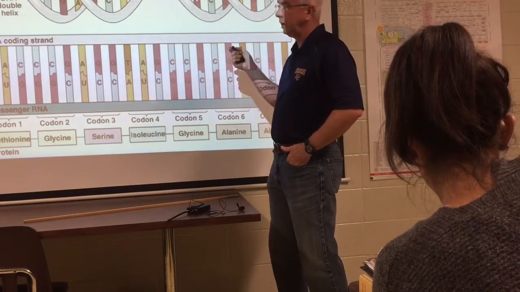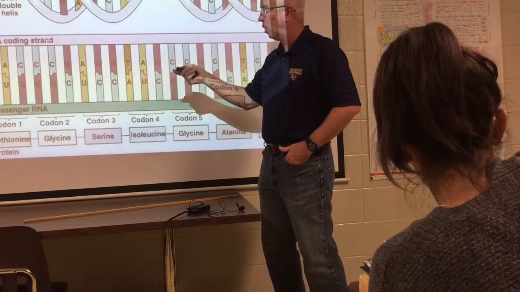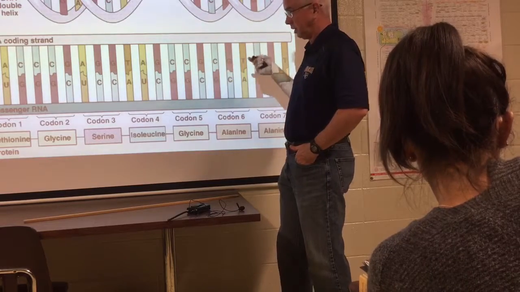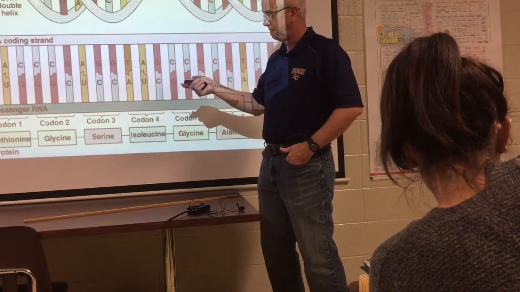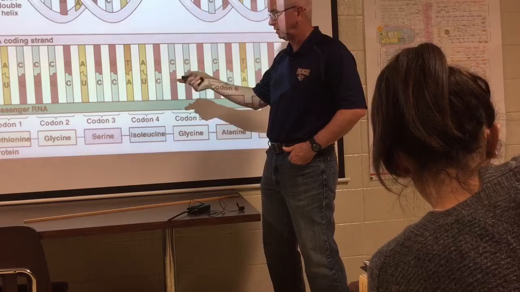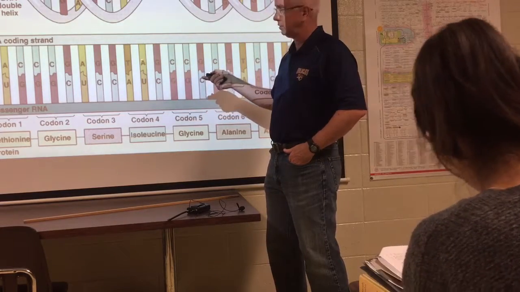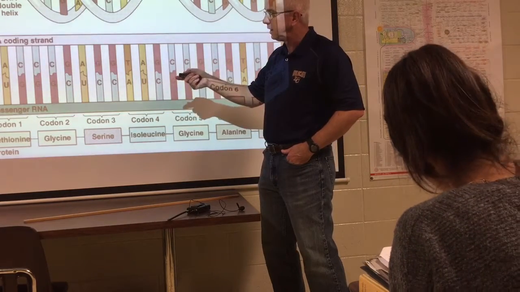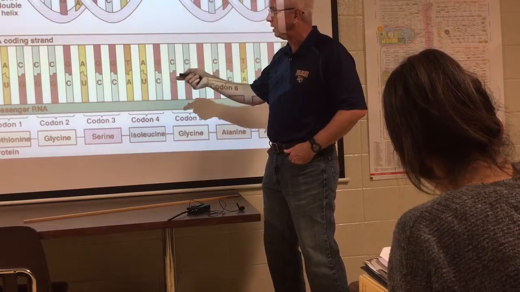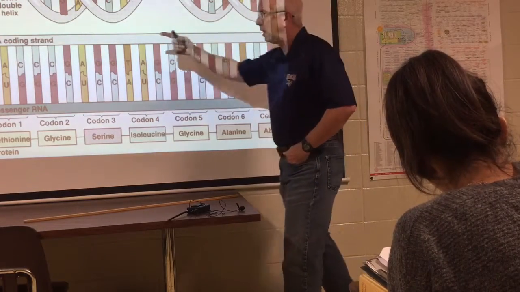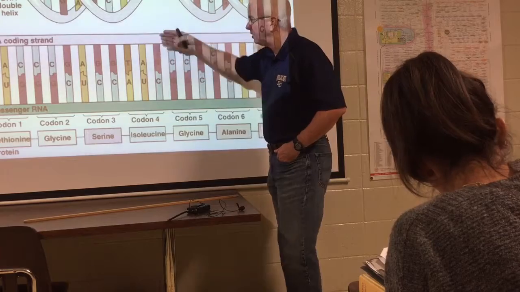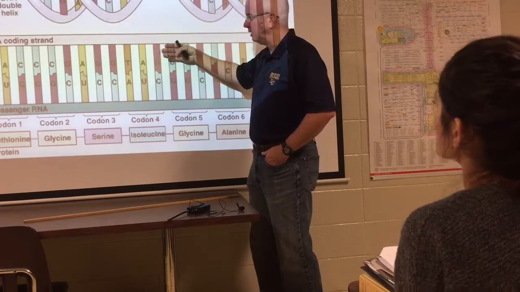So here's the DNA. It's been unraveled so that I have one part of the DNA, the coding strand. And there's the base sequence, TACCCG, AGC, etc. Those are the bases. This DNA coding strand, one side of this thing, this purple line, is now the gene. And the gene then is going to be copied.